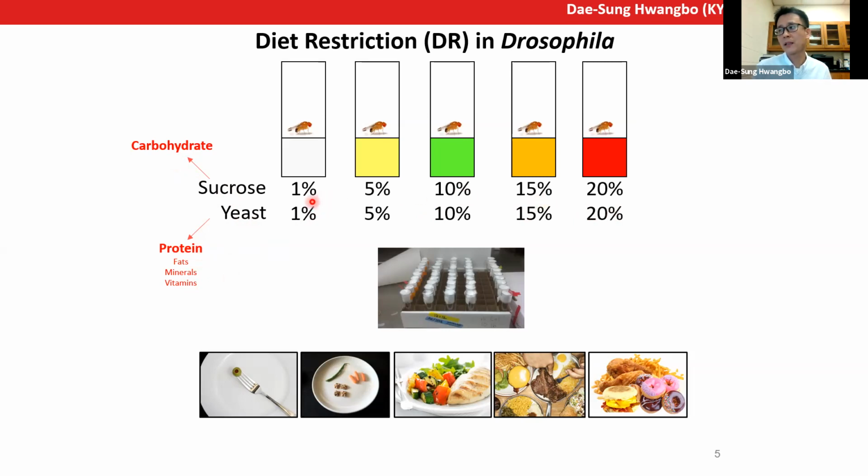This is one of the established protocols in the field. You can simply say 20% is this type of diet, and 15% is like this. It used to be my diet, but I recently changed from this to this. I feel healthier.